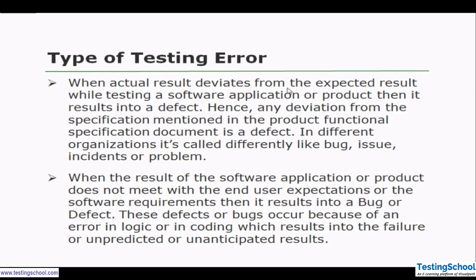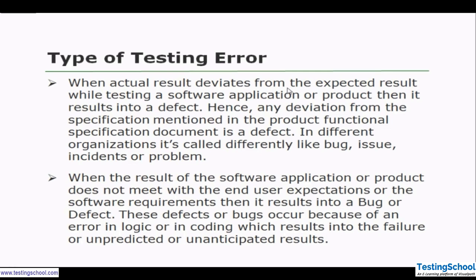If the functionality is deviating from a feature that is expected, and the result of the software application does not meet the end user expectation or the software requirement, then it is a bug or a defect.